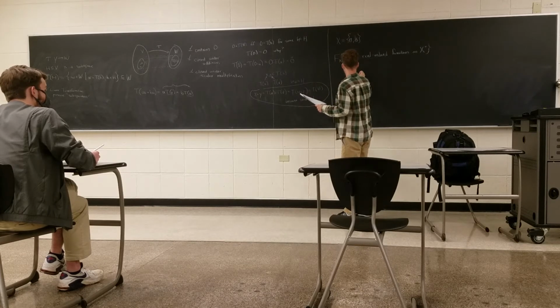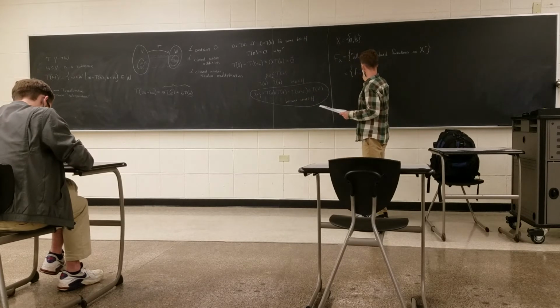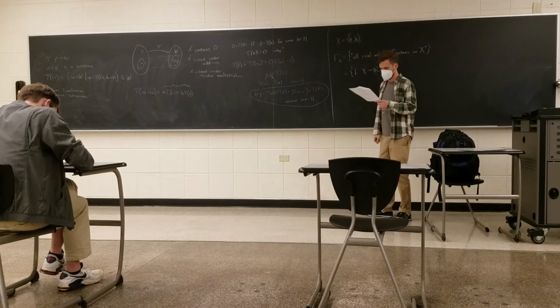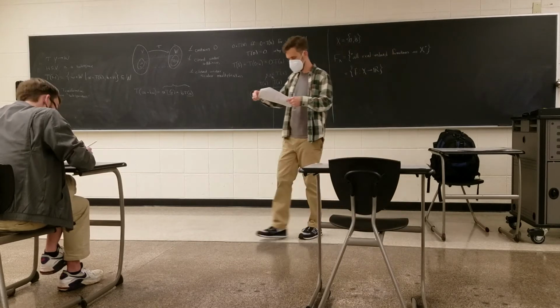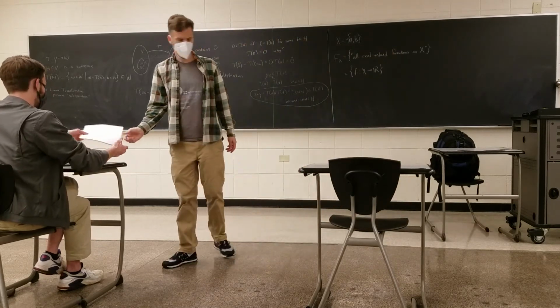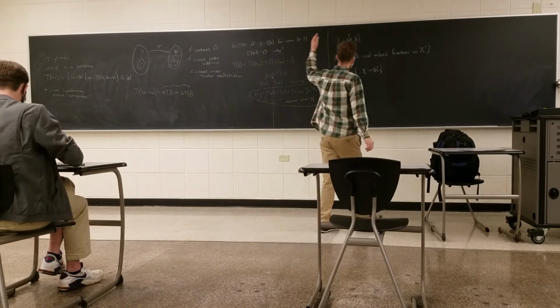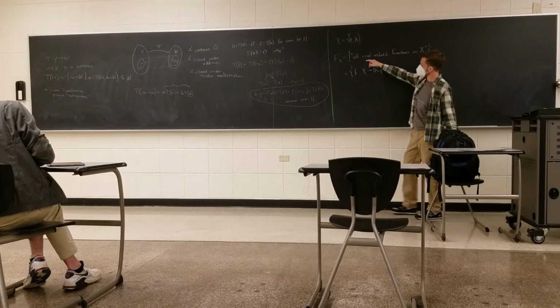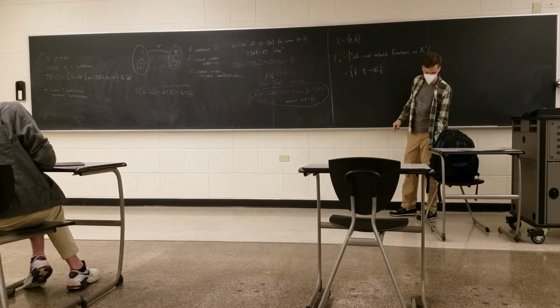So this is the set of all functions that go from X to R. And we had decided that any set of this type can be made into a vector space.